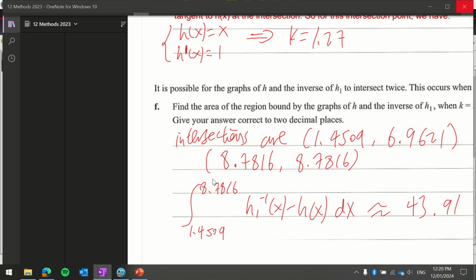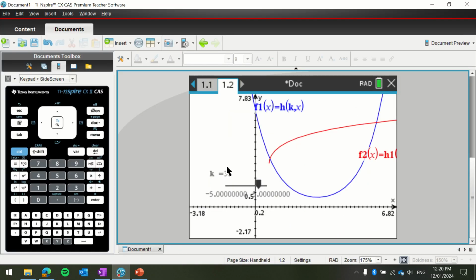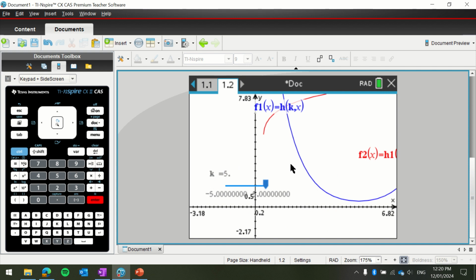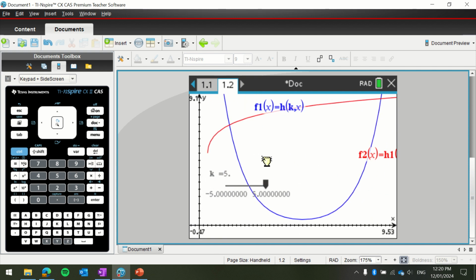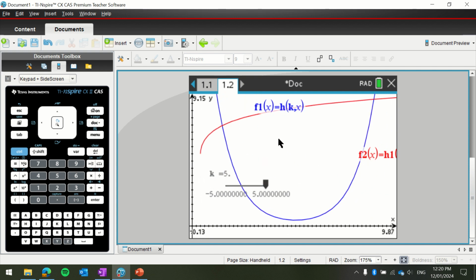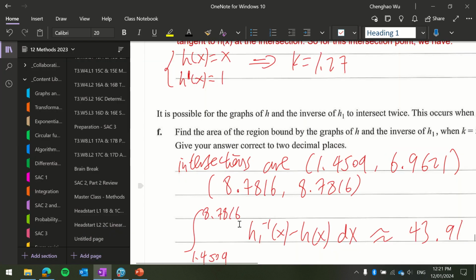So we could just come over here and make k 5. And you can see the graph pretty easily. And it's just the red curve minus the blue curve, so the inverse of h minus h. And you can find an intersection point, of course.